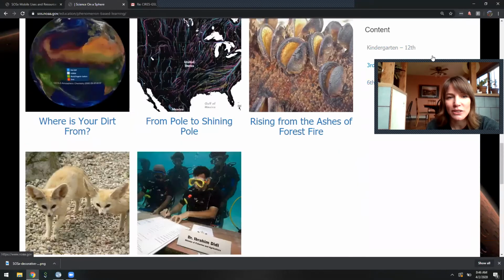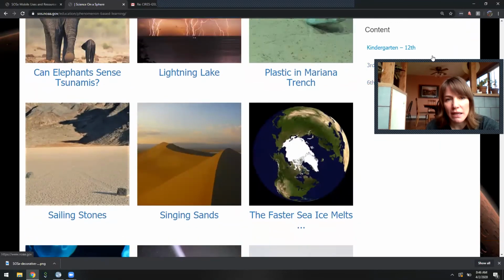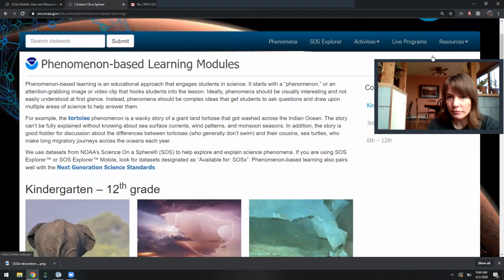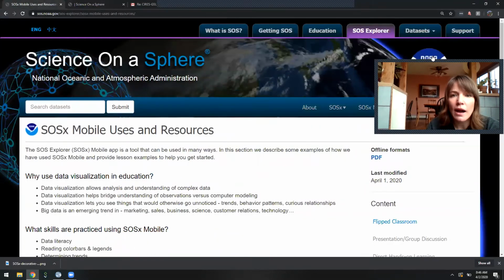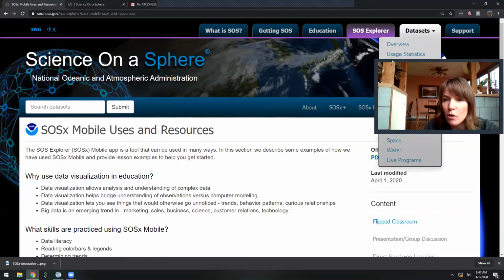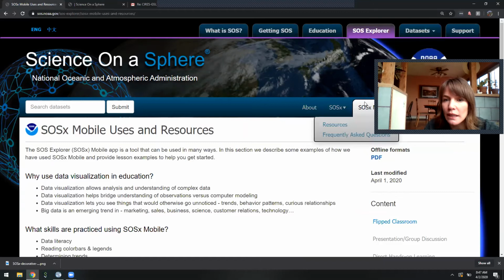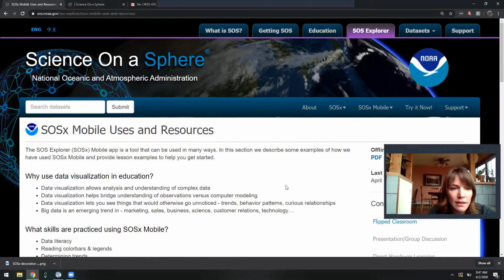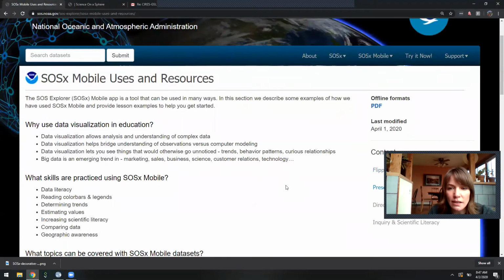How in the world would a tortoise, not a turtle, make it all the way across the Indian Ocean? And then I also wanted to show you that on our SOS Explorer tab, you will find SOSX Mobile. And then if you click on resources, you can find this page, uses and resources.